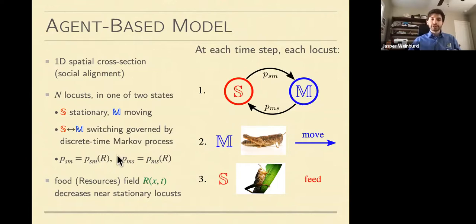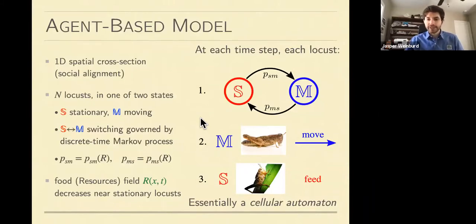These are increasing and decreasing functions of resources. So if I'm stationary and there are no resources around, I'm very likely to start moving. And that's pretty much it. On this space-time lattice, this essentially boils down to a probabilistic or stochastic cellular automaton.